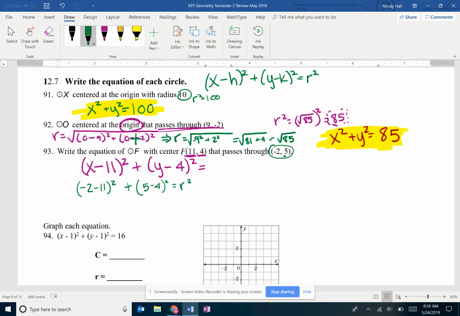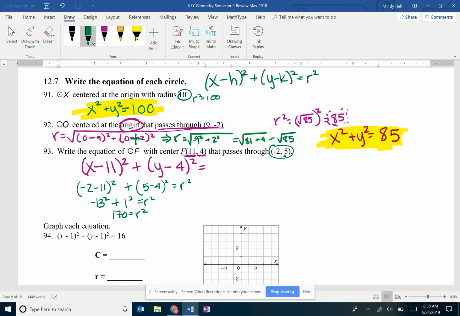So we'll fill that in once we solve all this. So then negative 2 minus 11 is negative 13. So negative 13 squared. 5 minus 4 is 1, so that's just going to be 1 squared equals r squared. 13 squared is 169, plus 1 squared, which is just 1, is 170.